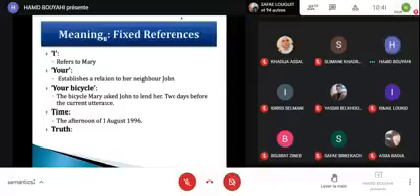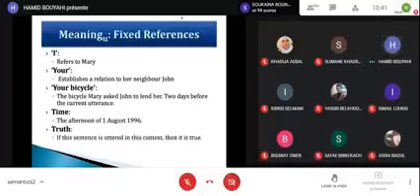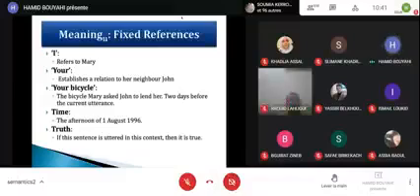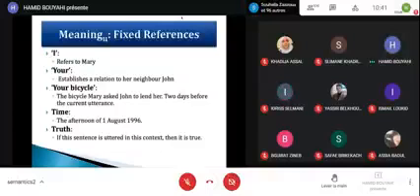And truth. When we have an expression like this one, it is either true or not true, and if the sentence is uttered in this context, then it is true. So that will be the question. Does she need a bicycle? In this context, yes, it is true that she does not really need the bicycle. So it is true if it is mentioned in this context.